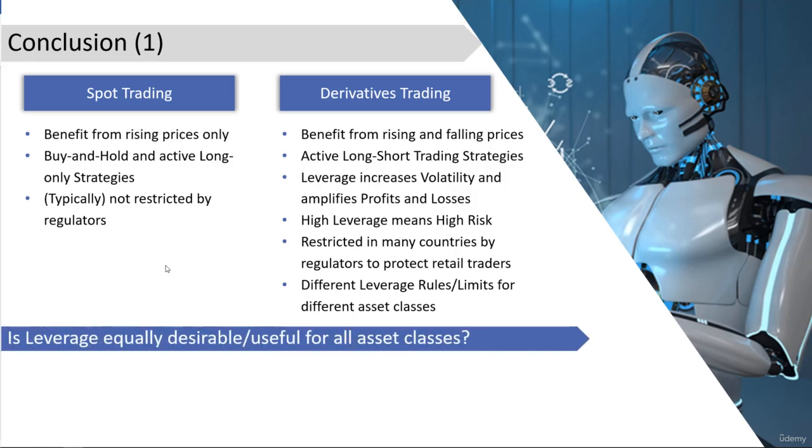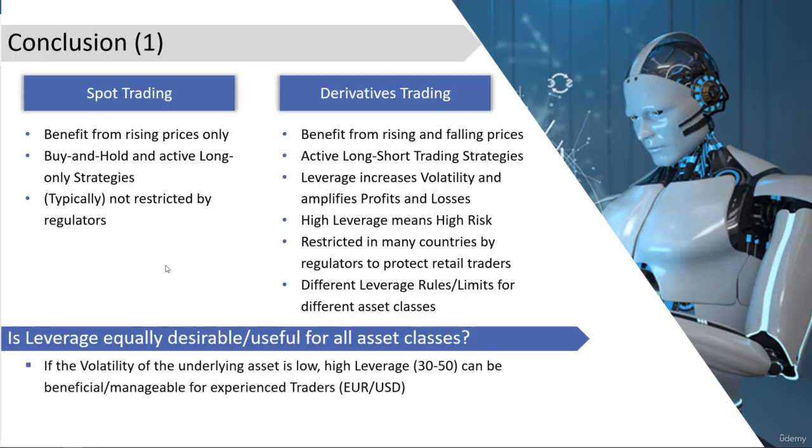And finally, the question is, is leverage equally desirable or useful for all asset classes? And the general rule is that the more volatile the underlying asset itself, then the less desirable or useful is additional leverage.